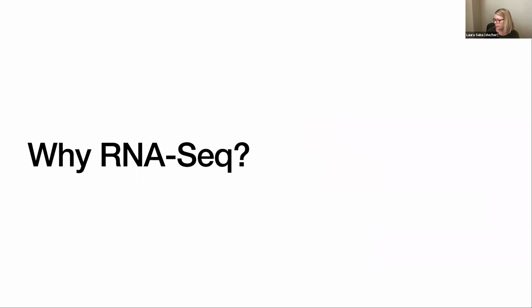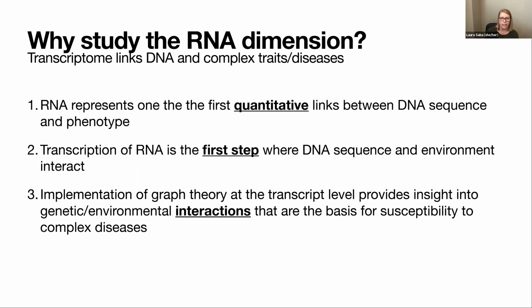So to start us off with why RNA-seq. RNA is one of my favorite things to study because it's one of the first quantitative links between DNA sequence and phenotype. So it's that first place for translation from what a variant that we may have identified in a QTL can do, or possibly the pathway to affecting that behavioral or physiological phenotype.